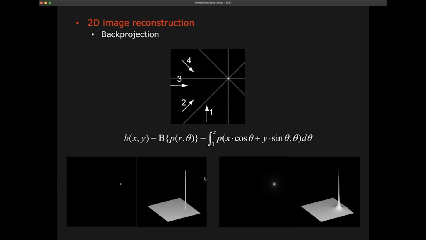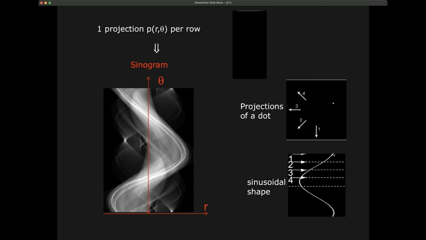Okay, so now one way to do that, and in some way the most straightforward way, is what's called back projection. So what we know is that if we measure a point on the detector, so if we look at the line taken by the X-ray, with the source on top and the detector on the bottom, so this direction 1, this point we have measured.